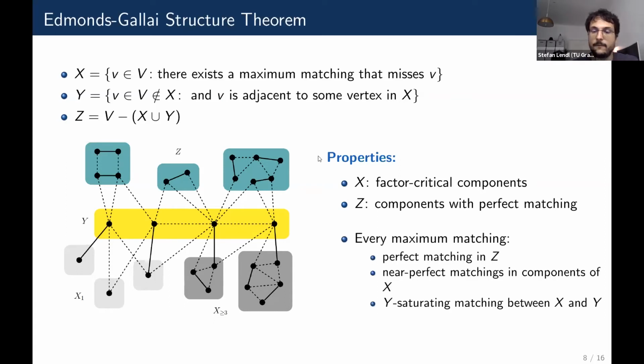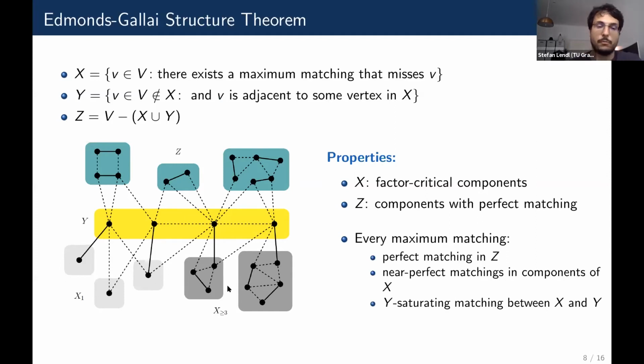In addition, every maximum cardinality matching of the graph is a perfect matching in the Z components, a near-perfect matching in the factor critical components, so a matching of all but one of the vertices, and all the yellow vertices in Y are matched by some edge connecting Y to X.